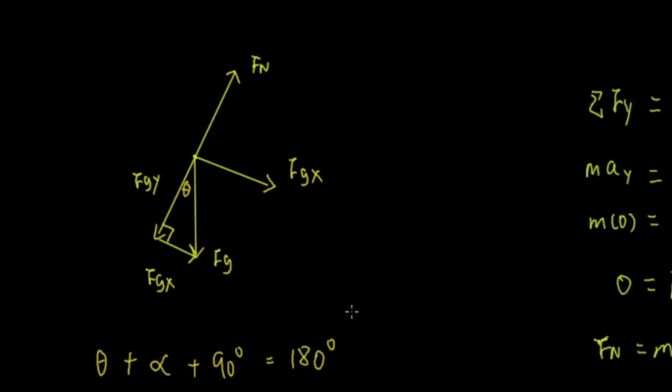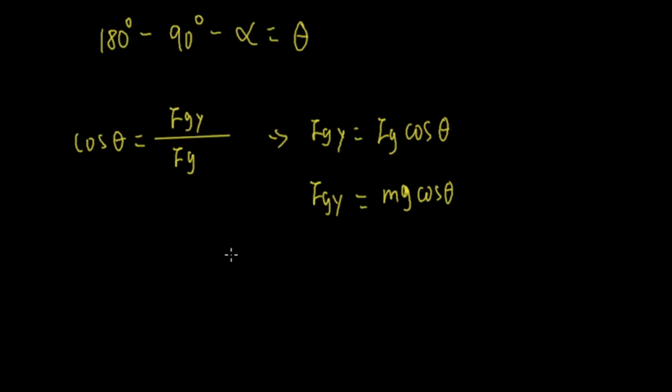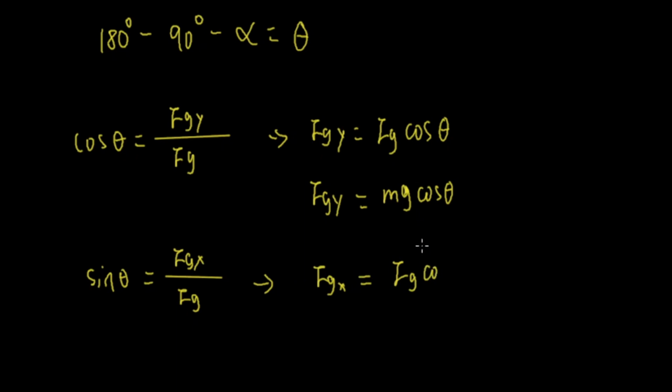Okay, next. How about f sub gx? We can say that sine theta is equal to f sub gx over f sub g, right? Opposite over hypotenuse. Multiply both sides by f sub g. We have f sub gx equals f sub g sine theta. And f sub g is mg, right?